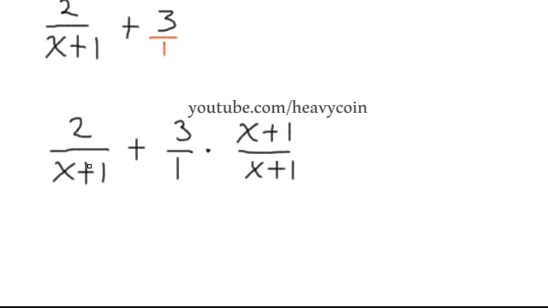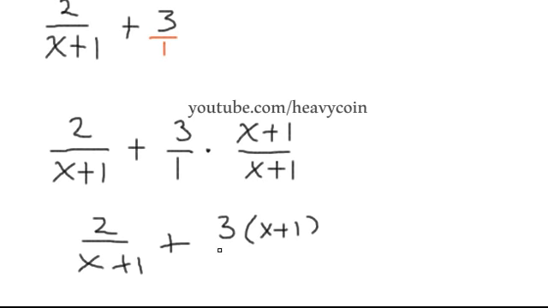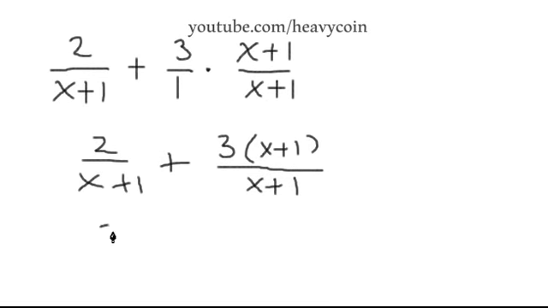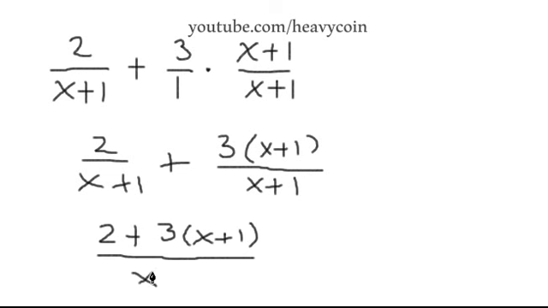Now, we got a common denominator, and so I'm going to rewrite this 2 over x plus 1 plus 3 times x plus 1, and that's over x plus 1. So you see we have a common denominator, and so we just add the numerators now. And so this becomes 2 plus 3 times x plus 1 over x plus 1.